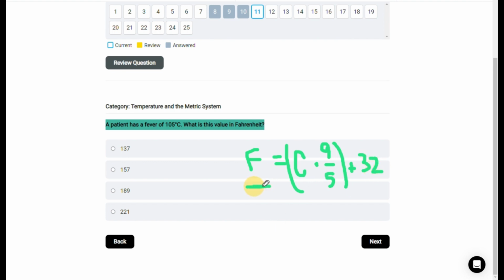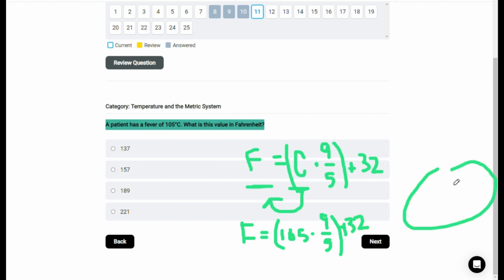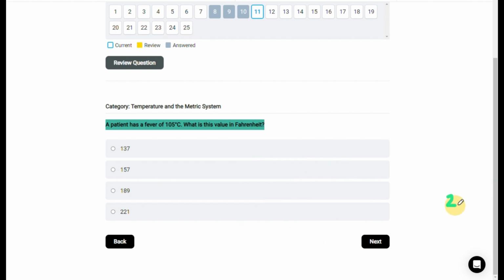So, since we are given Celsius here, we can use it to solve for Fahrenheit. Fairly easy. So when plugged in, we would get that 105 times 9/5 plus 32 is equal to Fahrenheit. And in the end, that answer would be 221.